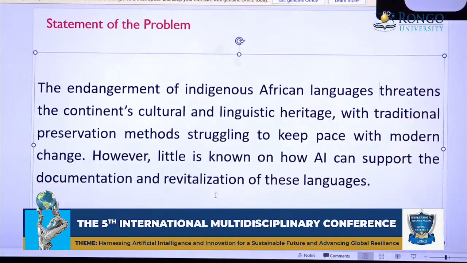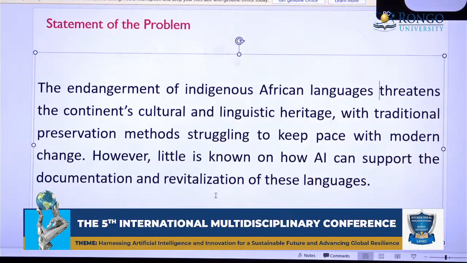The endangerment of indigenous African languages threatens the continent's cultural and linguistic heritage. You know that in Africa, language is very key to us, and it is very rich in propagating our culture. Therefore, the traditional preservation method, where we normally do research and publish, is a struggle to keep pace with modern change, where technologies like AI are coming up.